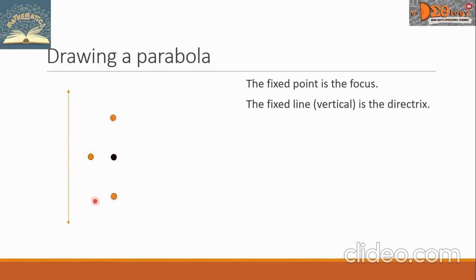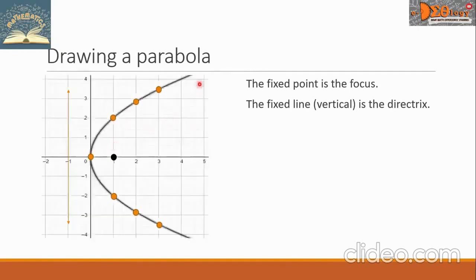Let us find more points. So we added 4 more points here. And then let us connect these points with a smooth graph. So we have here the parabola that opens to the right. We made sure that one point of the parabola is at the origin.